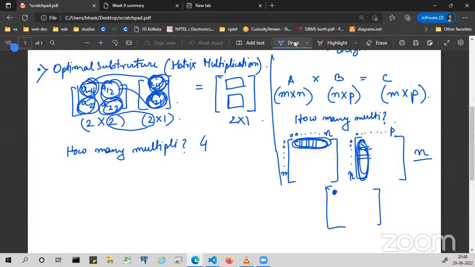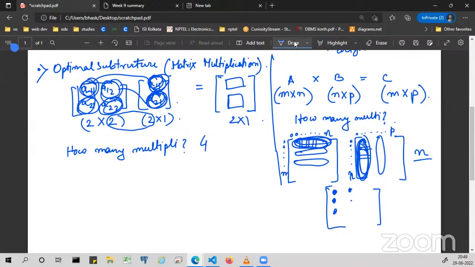Likewise, I do this particular row with this particular column and store it over here. Then I do this particular row with this particular column and store it over here. And then again this particular row with this particular column. Accordingly, I proceed. So how many times am I multiplying rows and columns?